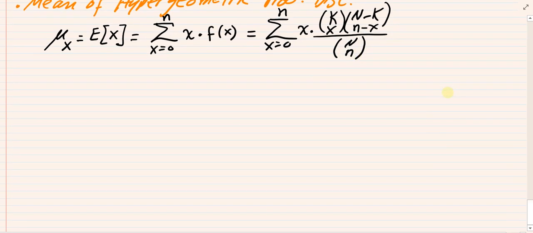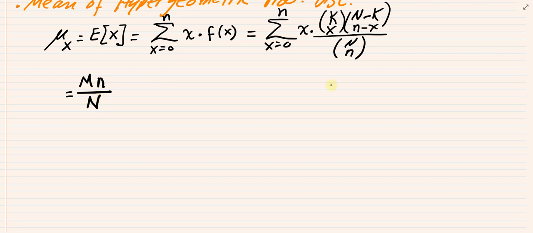Now, here's what I'm going to do. A lot of magical moments are going to happen here. First I'm going to bring a little n and a capital N out here. How is that going to be possible?